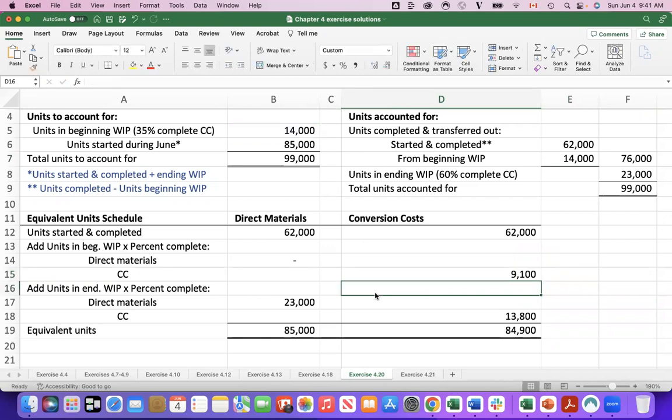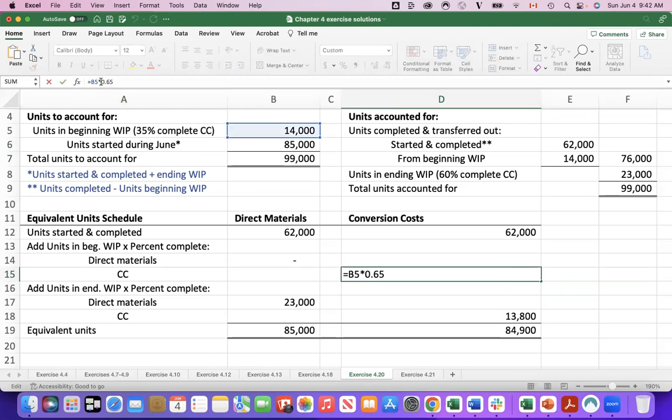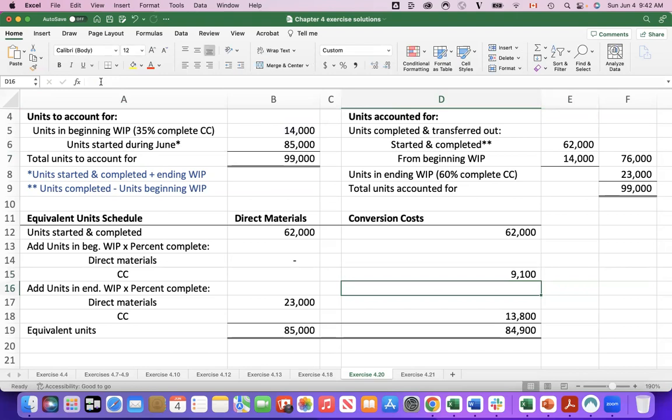What that means is I had to add an additional 65% of labor and overhead to those beginning work in process units to finish completion of them. So I did the equivalent of completing from scratch 9,100 units with respect to conversion costs. And the key there, it is 1 minus the completion rate for beginning work in process inventory under FIFO method.